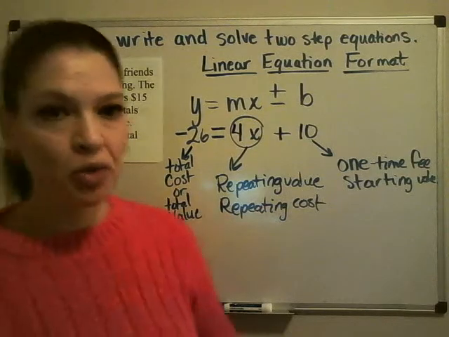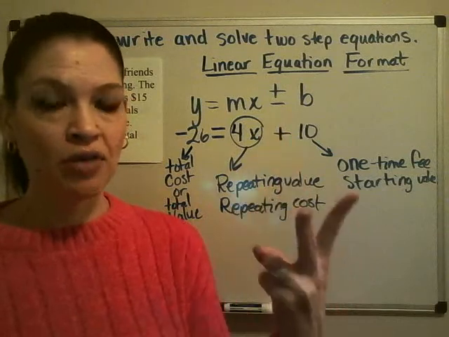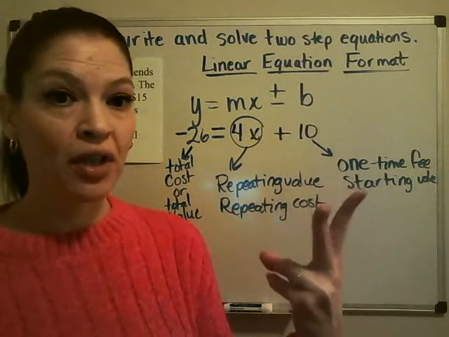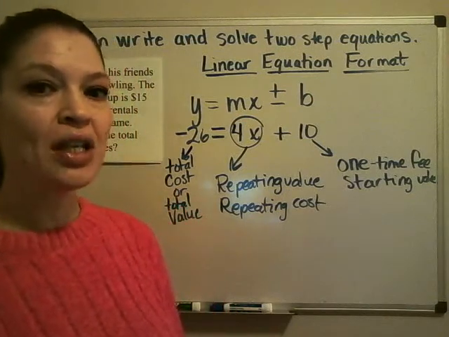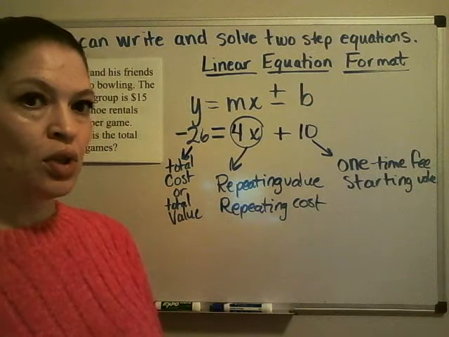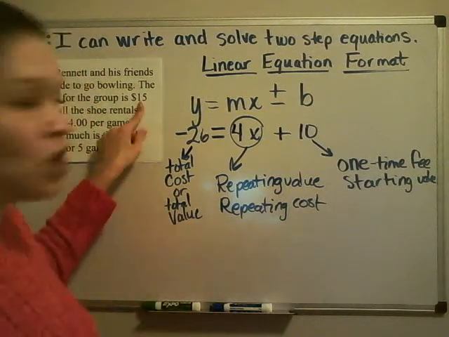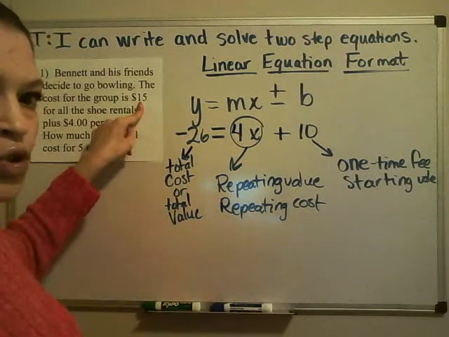All right, so we have this group of kids. They're going bowling. They need bowling shoes, and then they have to pay for the games of bowling. So, which is the repeating value? Are we paying $15 multiple times for the shoes?